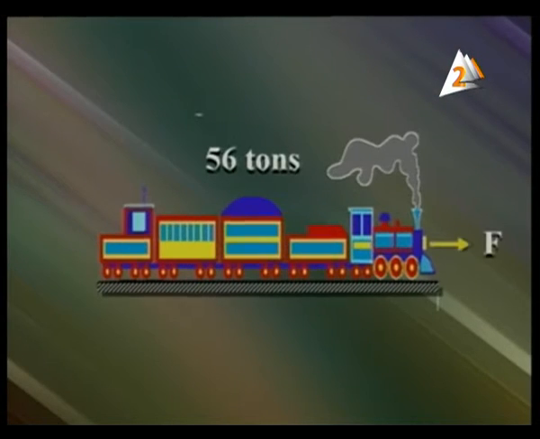Now, as you see in the figure, the train whose force of engine is to the right F and the resistance is to the left R, and the mass of the train is 56 tons.